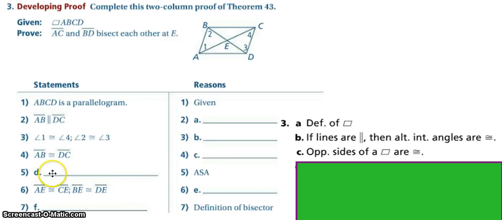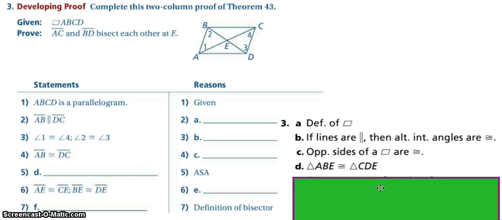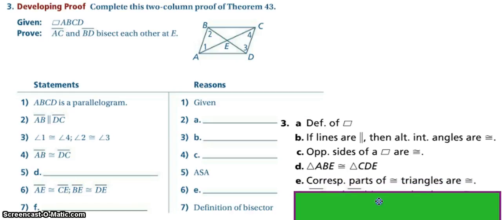Now I want to say, what is our statement for D? Angle side angle relates triangle congruence, so we are relating triangles ABE and CDE being congruent. From there, we can relate AE and CE congruent, as well as BE and DE congruent, because corresponding parts of congruent triangles are congruent, or there you could write CPCTC.